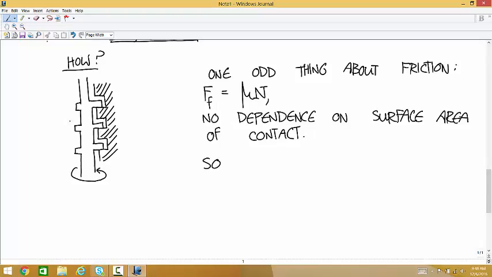So we can redraw the screw in the base like this.